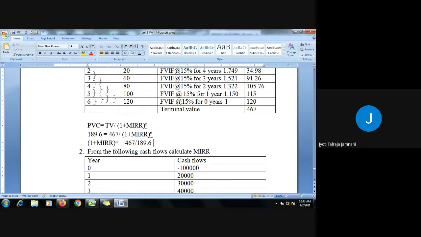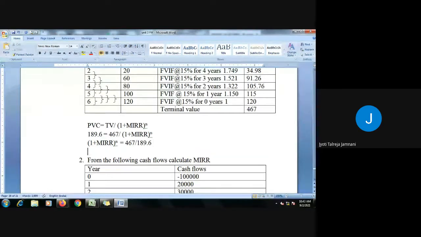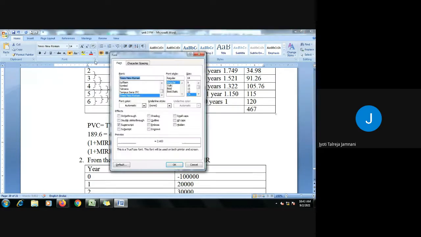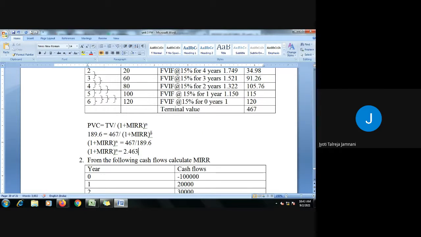So you get 2.463. So 1 plus MIRR raised to n is equal to 2.463 if you divide. Okay, and here n, we know the life of the project is 6 years. So instead of n, we have to take 6 years here every time.